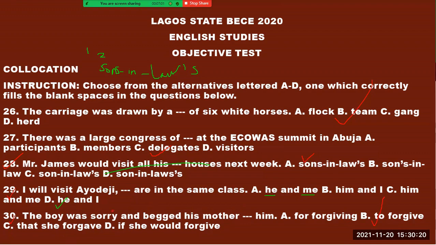That's the correct option. C, that she forgave him, no. This is not correct. D, if she would forgive him, no. The simple acceptable option is to forgive him. The boy was sorry and begged his mother to forgive him. All right?